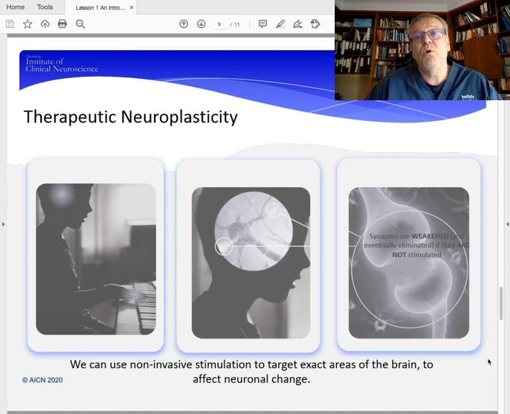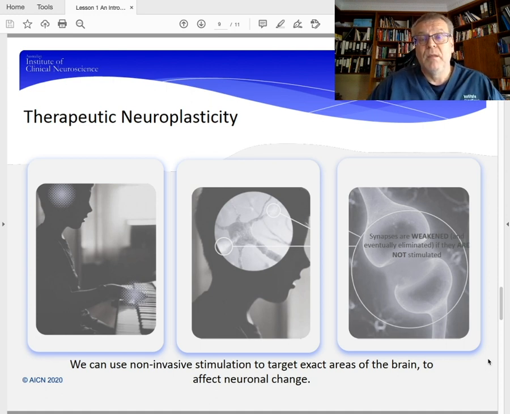They get more strongly wired together, so they have more influence on each other. The synapses where that activity level isn't as great become a bit weakened, or the influence on each other becomes less.